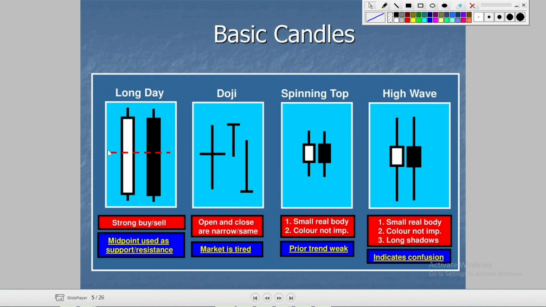This midpoint, you can see, maybe the market is coming here, is being resisted, so it forms. So if you can check, this is long day, meaning that the candlestick we are using, the daily candlestick, is long enough. The market, it's a strong buy or a strong sell. That is why the candlestick has moved.